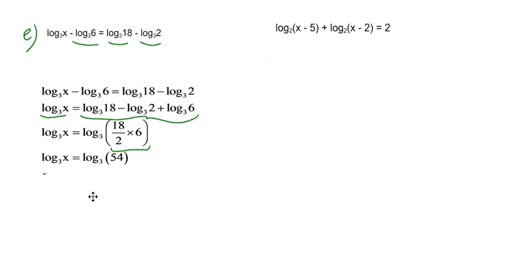So the next step, you see 54 on the right hand side, right? 9 times 6, 54, or 18 times 3, 54. So the base is the same. So the left hand side can be equal to the right hand side only if that value of x is equal to 54. There you go. So this is the answer to that equation.